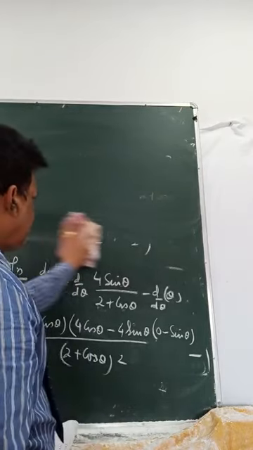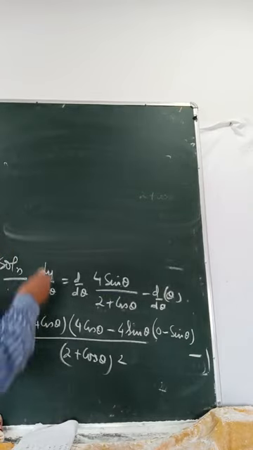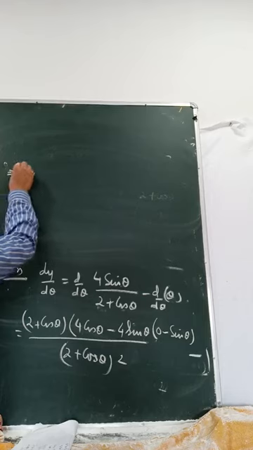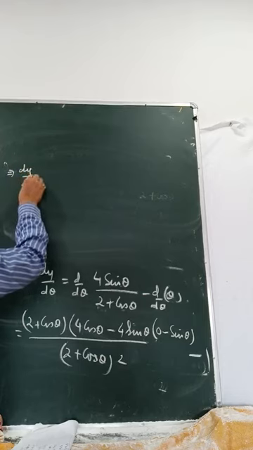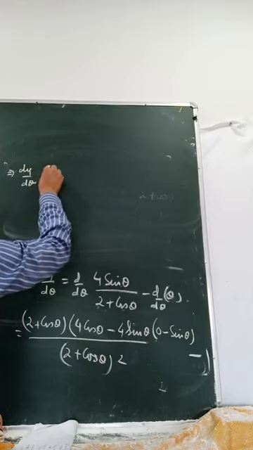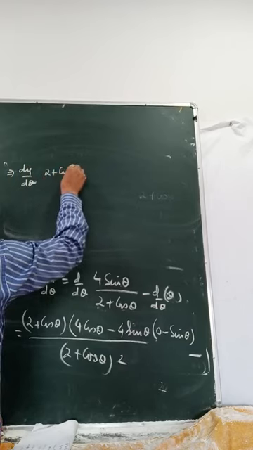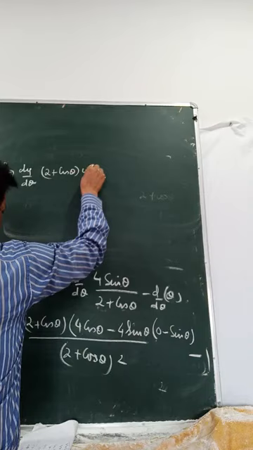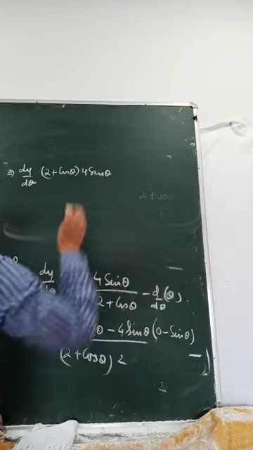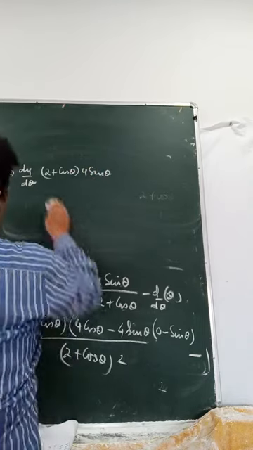So what will you get? So that gives you dy by d theta, 2 plus cos theta into 4 sin theta, or you can multiply it.